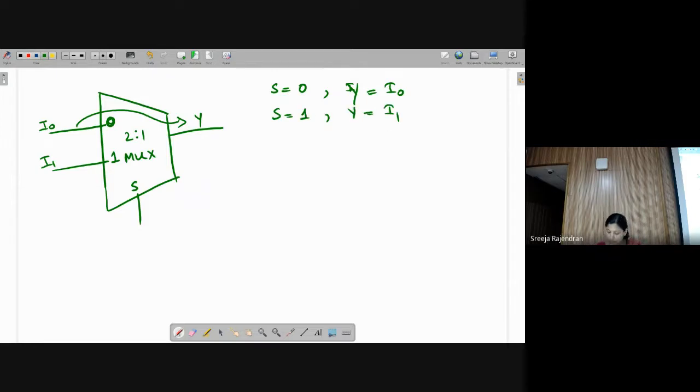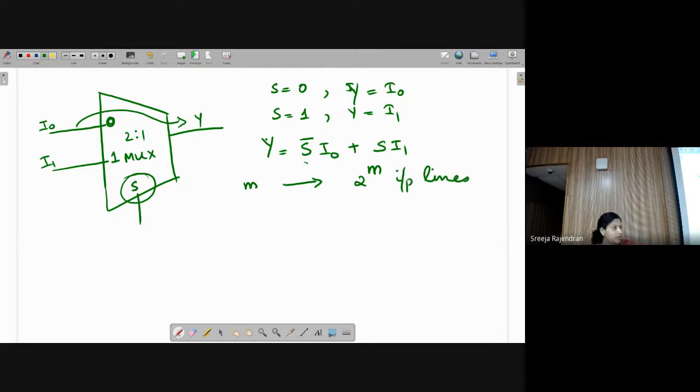So I can write the equation for Y as S bar I0 plus S I1, because when S is 0 the output will be I0, and if S is 1 my output will be I1. So either this or this. The select line plays an important role. And if I have m select lines, I can have 2 raised to m input lines.